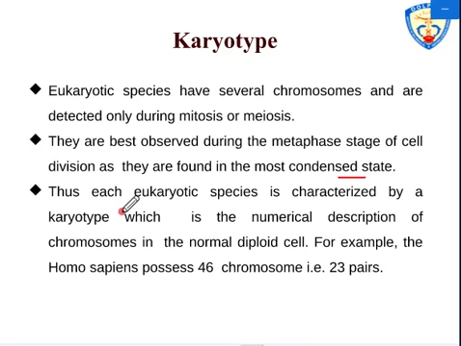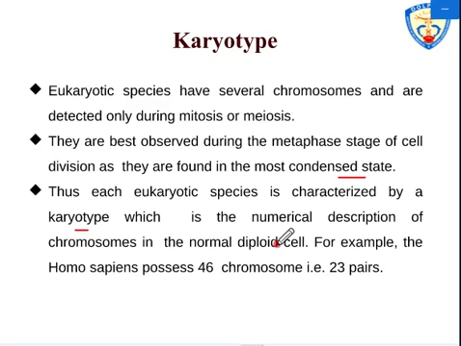Each eukaryotic species is characterized by a karyotype. A karyotype is a numerical description of the chromosomes in a normal diploid cell. In a karyotype, we arrange the chromosomes on the basis of their size, that is, the biggest chromosome first and the smallest chromosome last.